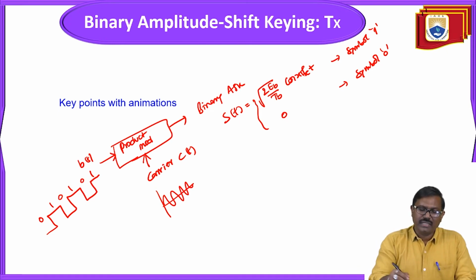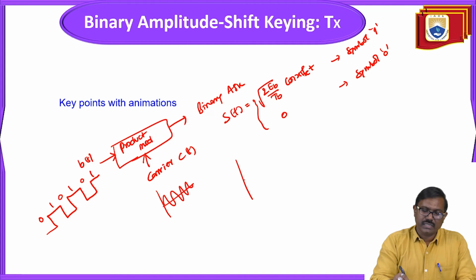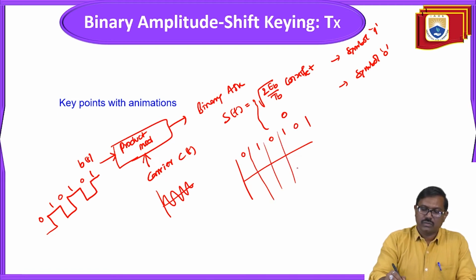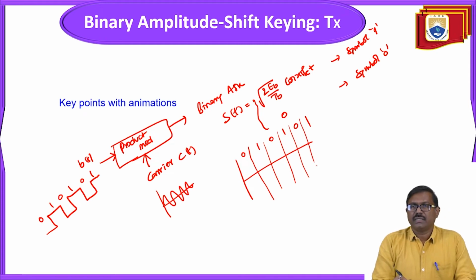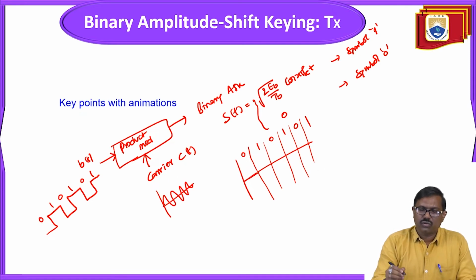But graphically, here we can say this is 0, 1, 0, 1, again 0, 1. When you take these intervals, for 0 there is no signal, but for 1 we get the amplitude, and then again 0.